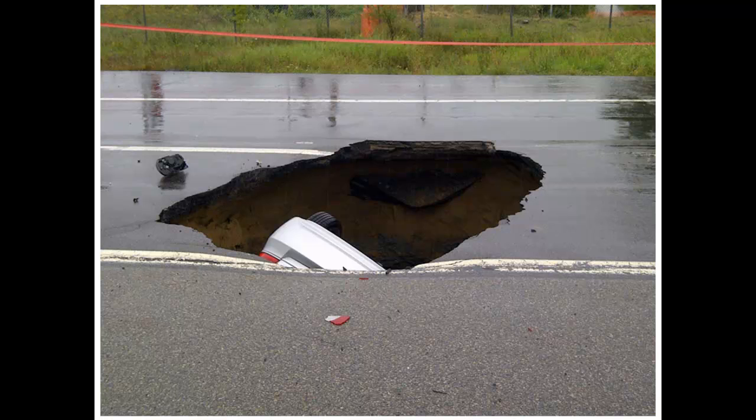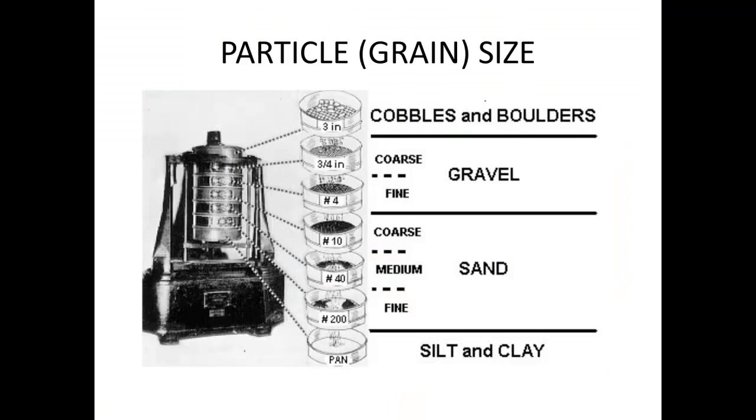If you're curious to know the answer, please ask me in class, and I will let you know. Anyway, this is why it's critical that, just like with any cooking recipe, we must know exactly the quantity of each particle size comprising a soil sample to ensure we know that soil's property, and therefore its strength. This is exactly what we will be doing for our first assignment, assignment number 1.